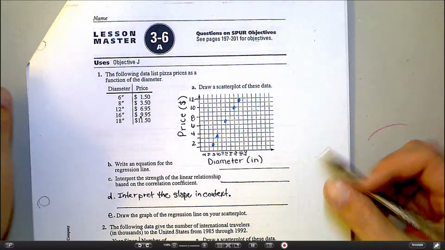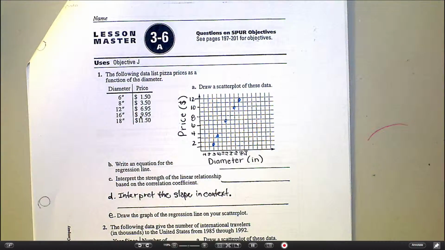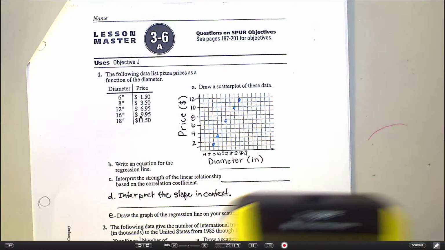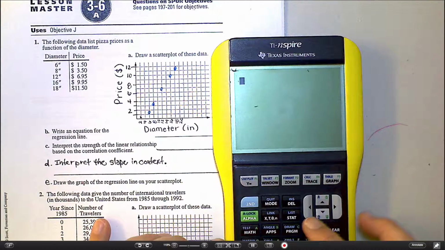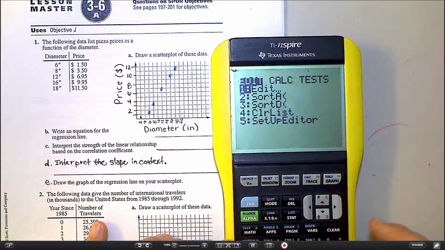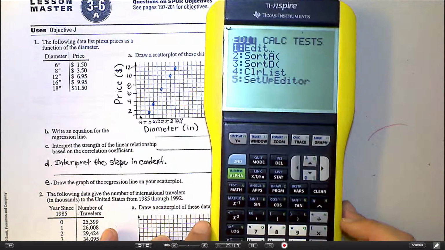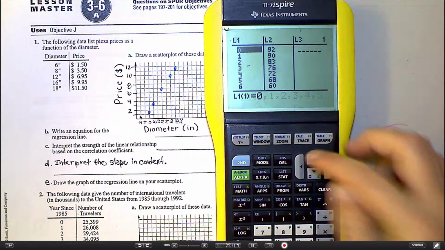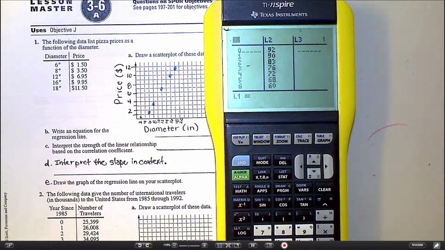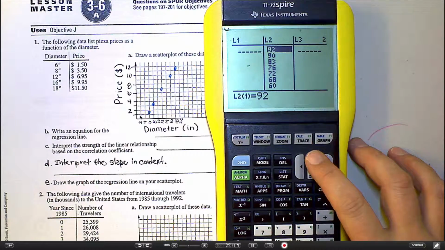Okay. Now to get this part, the equation for the line of regression, that's where you're going to pull out your calculator. Okay. So I would go to Stat, and then Edit. So the very first one, Edit. I'm just hitting Enter there. If you've got numbers in there, you can go up to the top and just hit Clear and Enter, and that will take care of the whole thing.